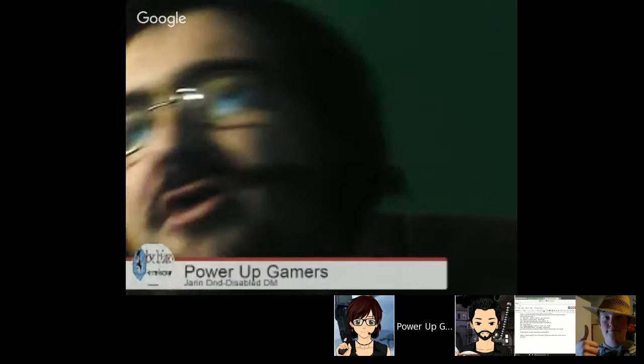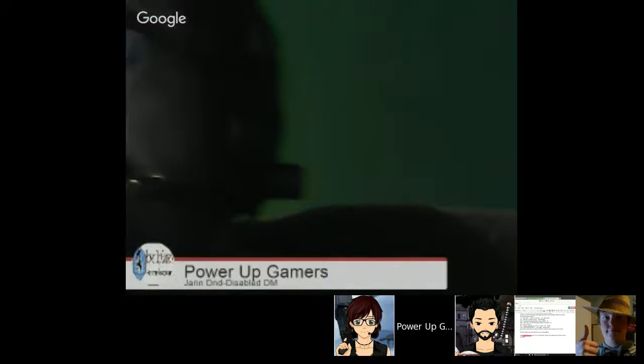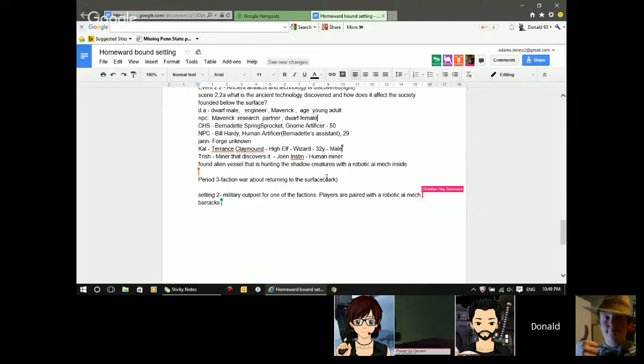So I picture the initial scene being in a barracks type setup, but they get called for the mission, to either strike against the other faction or to explore further underground or above ground. I'm thinking above ground.